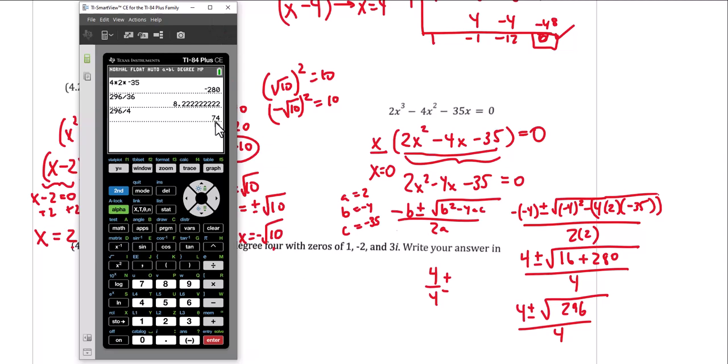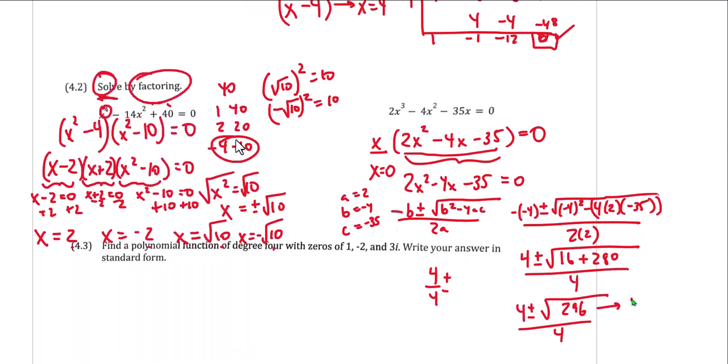So 296 can be written as 4 times 76. So that is 2 root 76. So 4 over 4 plus or minus 2 root 76 over 4. This is 1. This is plus or minus root 76 over 2. So I'm just canceling there. 2 over 4 is 1/2.